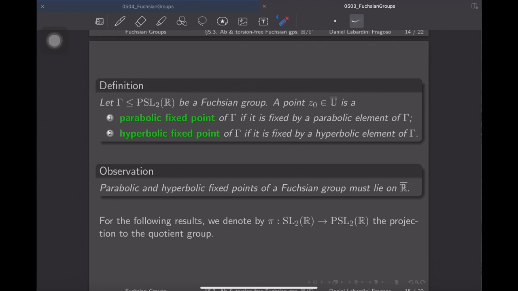The ones for which it is not completely trivial are the parabolic and the hyperbolic fixed points.